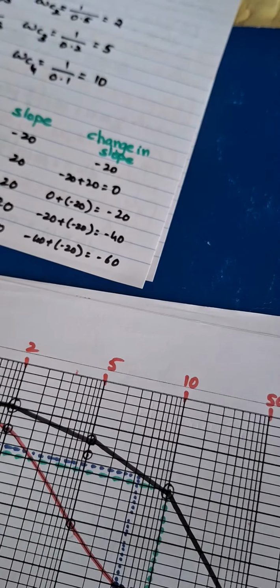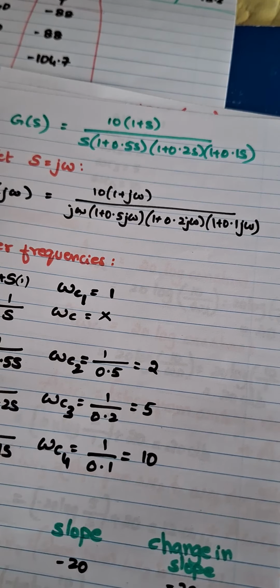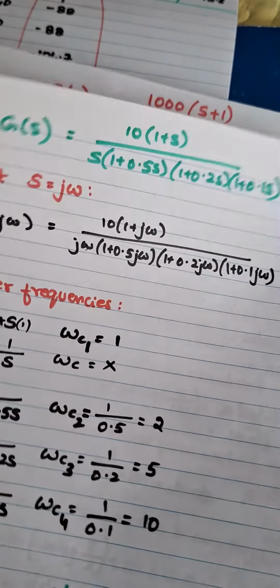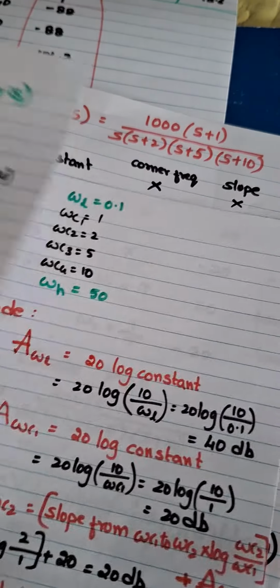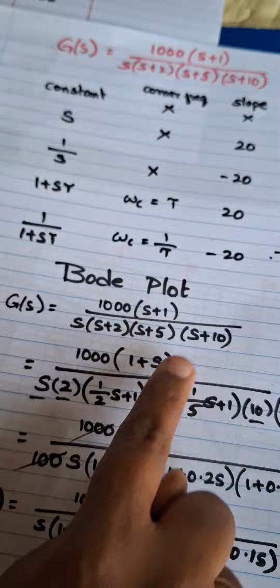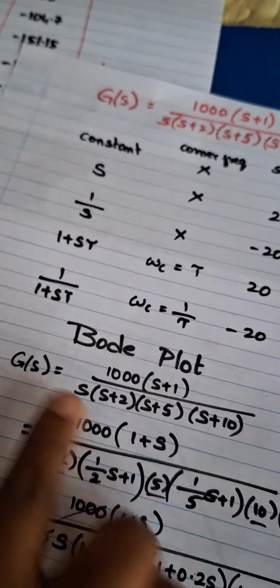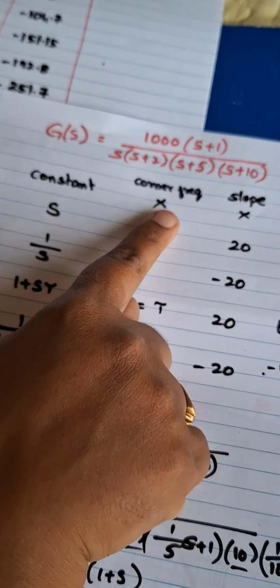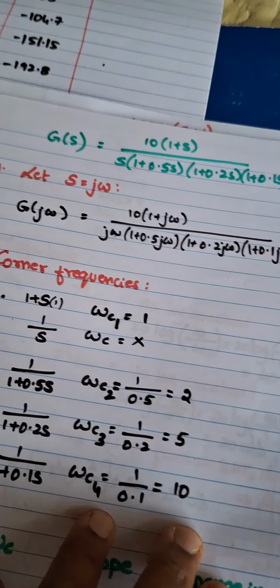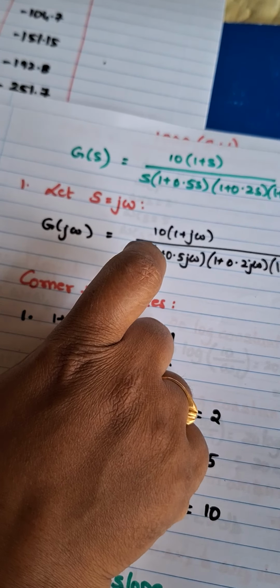So what are we going to do first? Usually we check the question. Here the question is not given in a proper format, so first we converted it into a proper format. Once we got the proper format, keeping this table in mind, we started our solution. First, substitute s equals j omega.